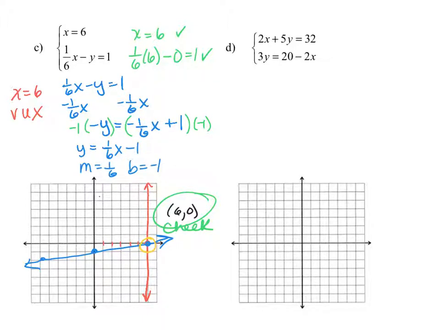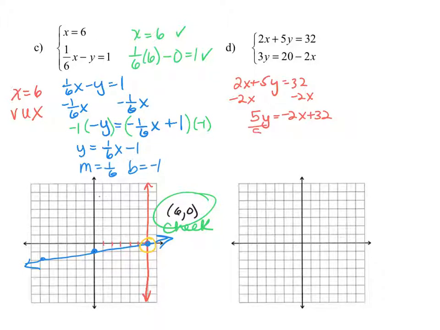Let's try example D. 2x plus 5y equals 32. We want to write that in y equals mx plus b form. We do that by subtracting 2x from both sides of the equation. We get 5y is equal to negative 2x plus 32.